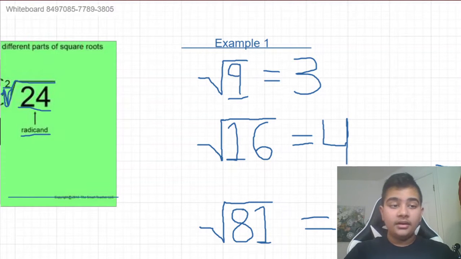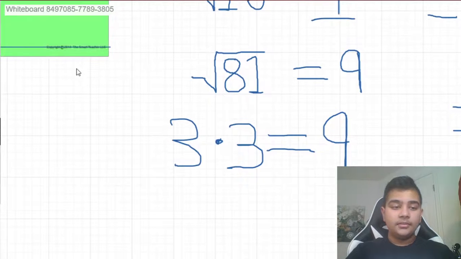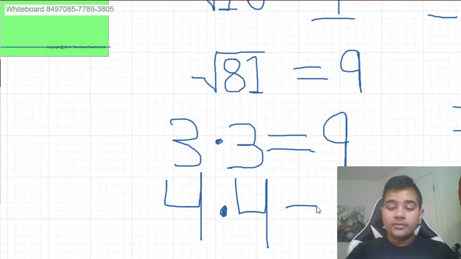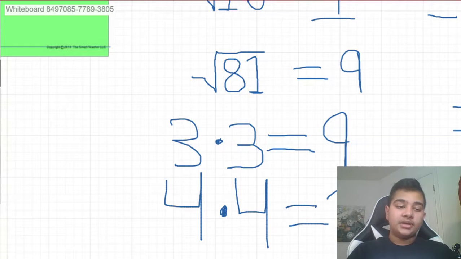We can see here that 4 is the correct answer, but let's see how we got 4. So what is 4 times 4? Well, 4 times 4 equals 16.